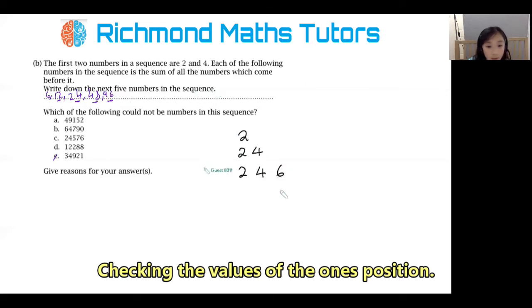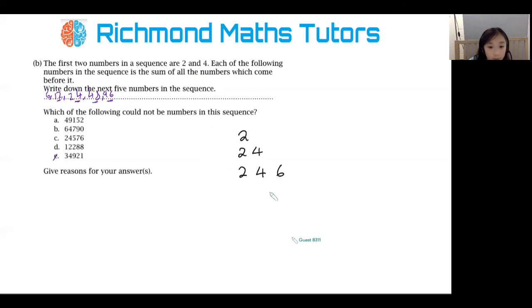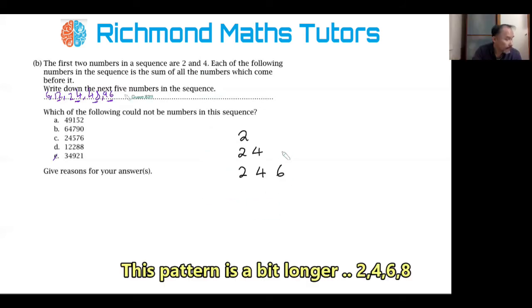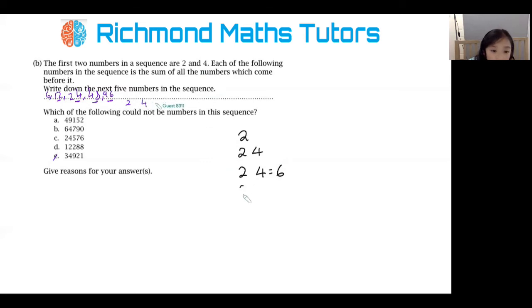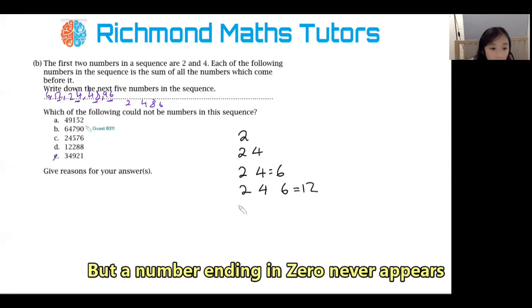And if we just find the last number, the last number would be 2 again, because 6 plus 6 is 12. And then it will go again 4, 8, and then 6. Which means there's also a pattern, which means it can't be B. So it can't be B or E.